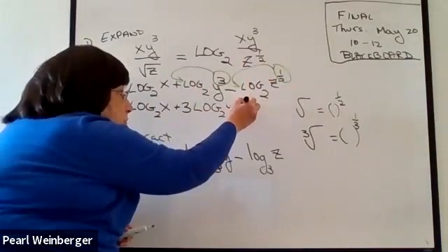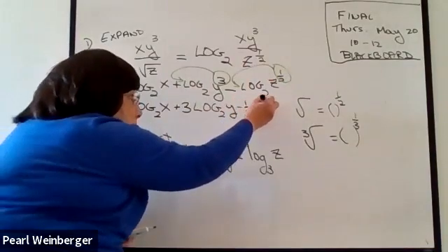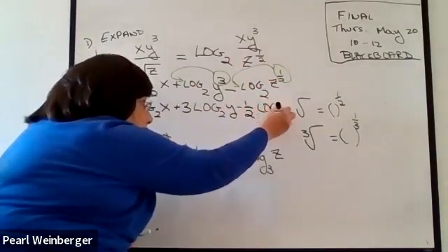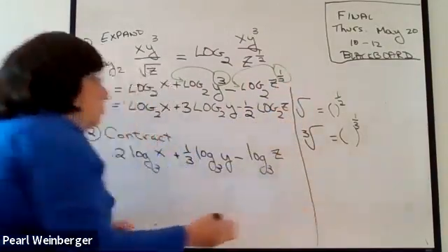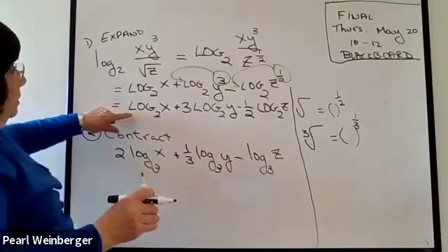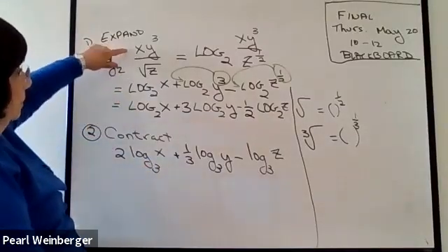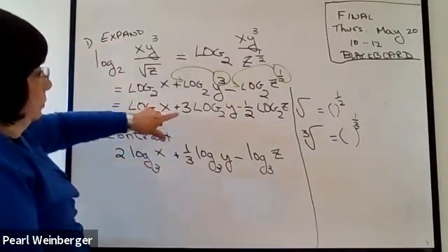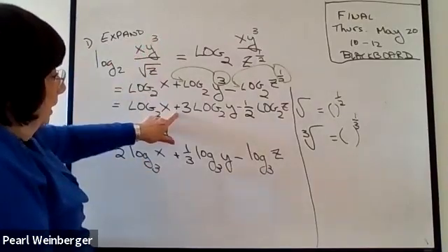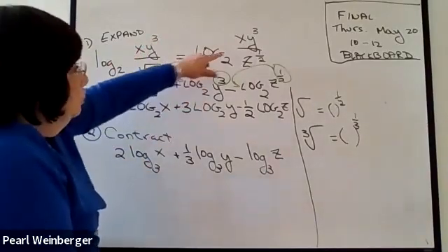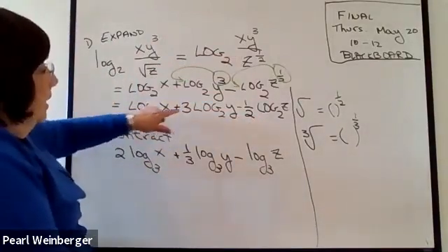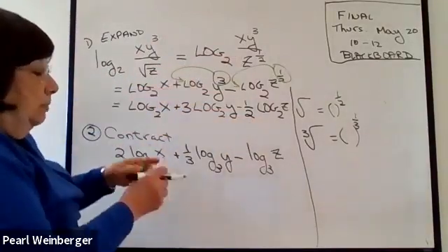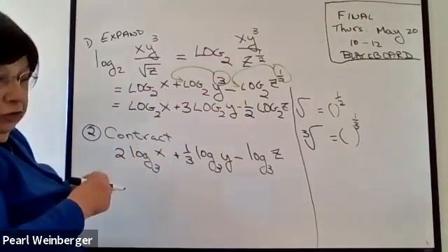So it becomes minus 1/2 log base 2 of z. So here is the expanded version of this. Again, where we saw multiplications, we added their logs. Where we saw divisions, we subtracted the logs. And where we had exponents, they became the coefficients.